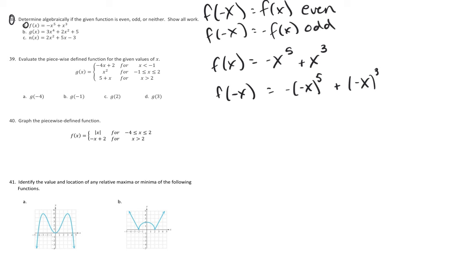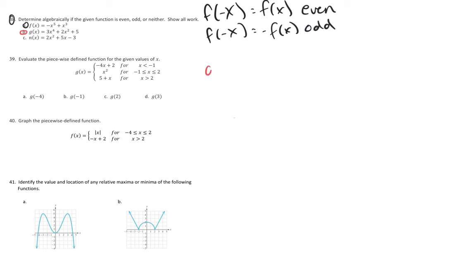So we would throw that negative out in front, and this would turn into a positive x to the fifth, and then we would say minus x cubed. And so then we see that this is the negation of our original function, so this function is odd.